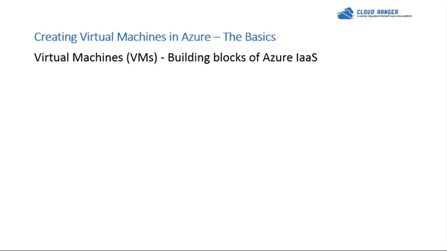So if you are already familiar with virtualization technologies such as Hyper-V or VMware or any other vendor's virtualization solution, this will be a very easy session for you to understand and follow, because essentially what we are doing here is creating virtual machines based on a virtualization platform, and Azure being our underlying platform here rather than Hyper-V or VMware.